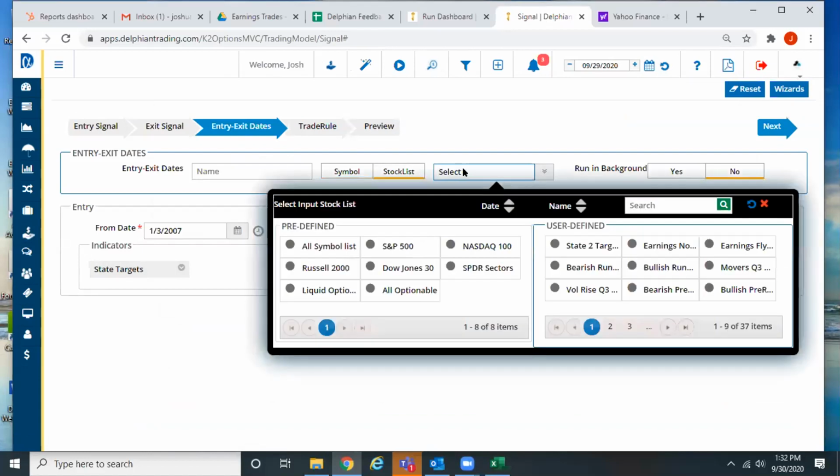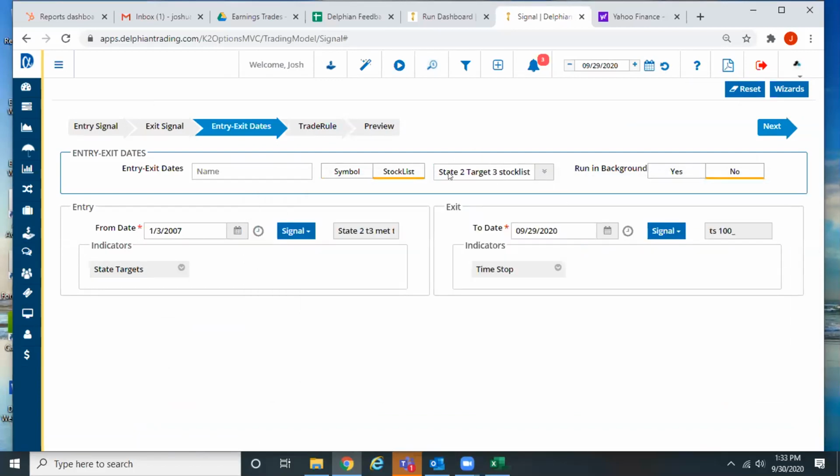So now, instead of doing the liquid, we created our own over here, state 2, target 3. So these are all the winners, right? And let me just move the date here. Yeah, I was gonna say, don't go back to 2007. My list will go back to 2010. That I'll put into the share drive there.